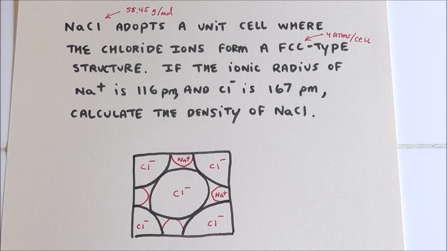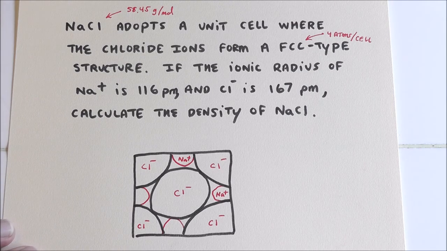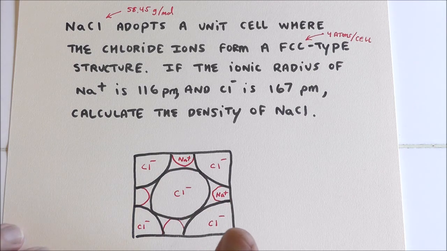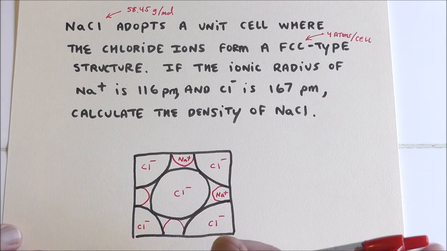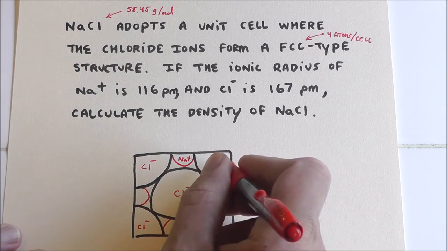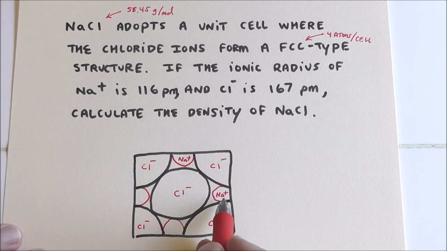Okay, I'm back. So here's the thing, folks. We need the mass. That's going to be easy. The mass of a unit cell is going to be 4. Now, this is a face-centered cubic unit cell, so there's 4 chlorides, and trust me, because there's a 1:1 ratio, there's gotta be 4 sodiums. These are different kinds of atoms we'll talk about later called edge atoms.